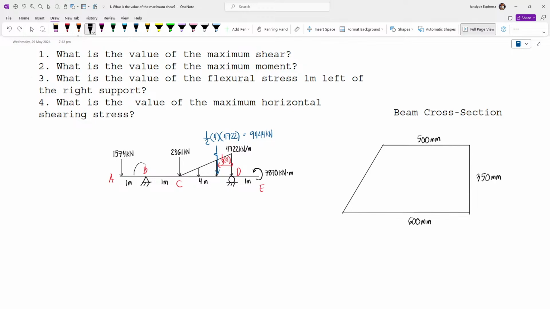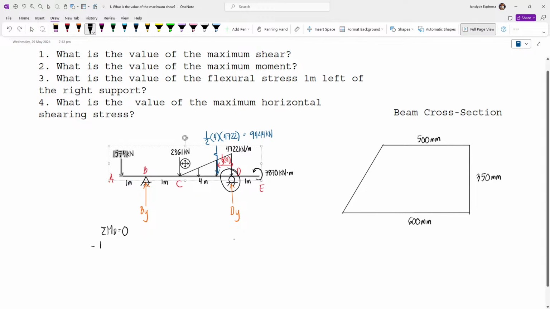So let's say I want to solve for BY. If I want BY, I will take moments about D. We're fast-tracking since these are beam reactions. So we have BY, we also have DY. So taking moments about D, setting that to 0, we have 1574, and then minus, because if you hold this as your moment center and apply that load, the beam will rotate counterclockwise.